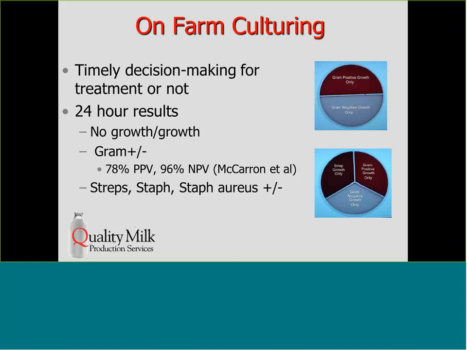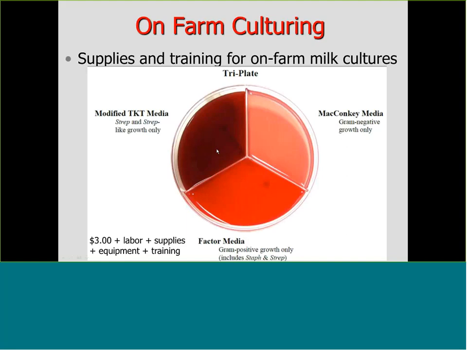Selective media is something that can help with on-farm culture. And here's just one of the examples that you can buy in the marketplace here. This is the Easy Culture system, or the Minnesota triplates, and it's got 3 different kinds of agar on one plate.